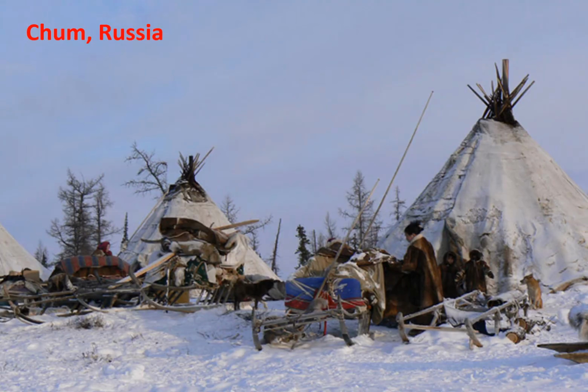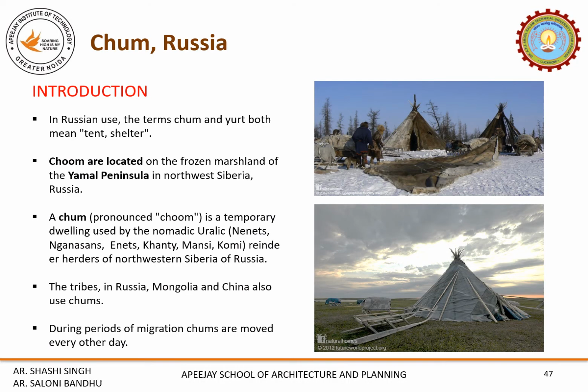The last example from the polar climate we will be discussing today is the chum houses of Russia. In Russian, the terms chum or yurt both mean tent shelter. Chums are located on the frozen marshland of Yamal Peninsula in northwest Siberia of Russia.